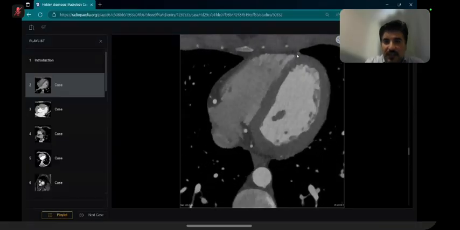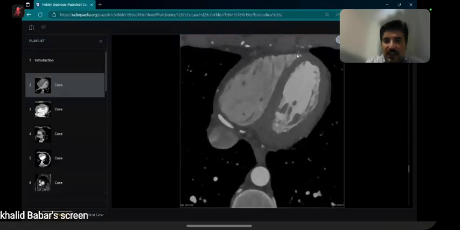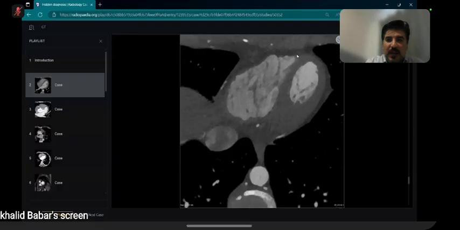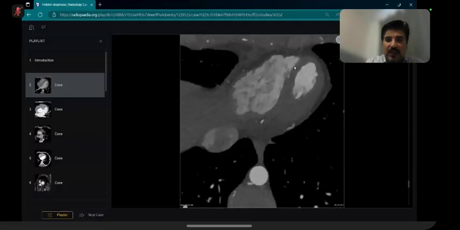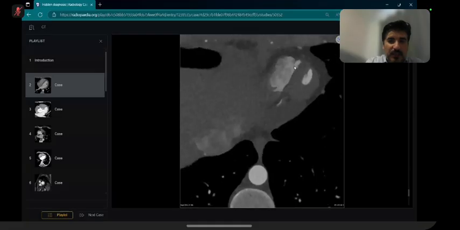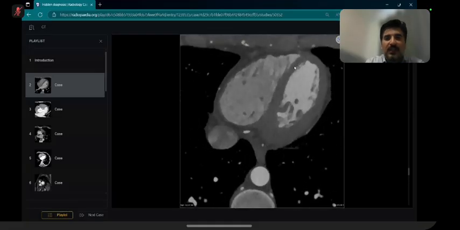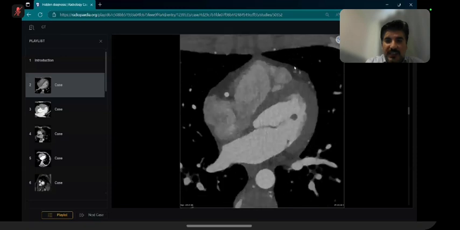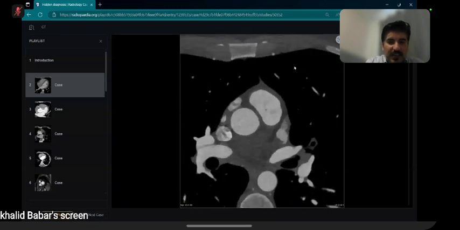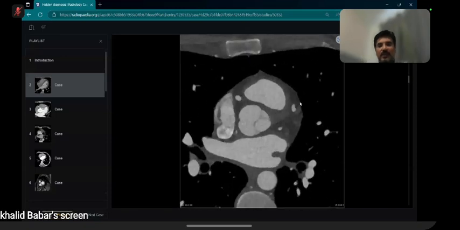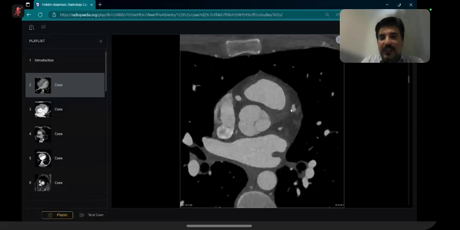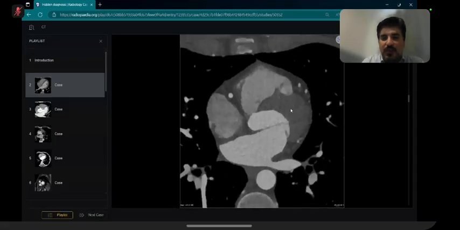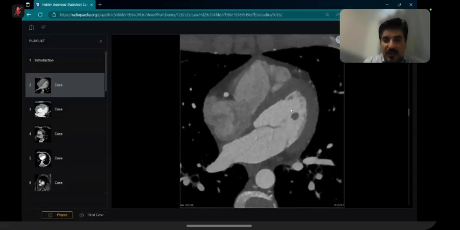And most of the time it spirals around the apex of the heart. So this is the apex of the heart. It spirals around the apex of the heart, so it supplies most of the left ventricular apex as well. So the left anterior descending artery, as the name indicates, has an A for anterior. So it supplies the anterior portion of the left ventricle.